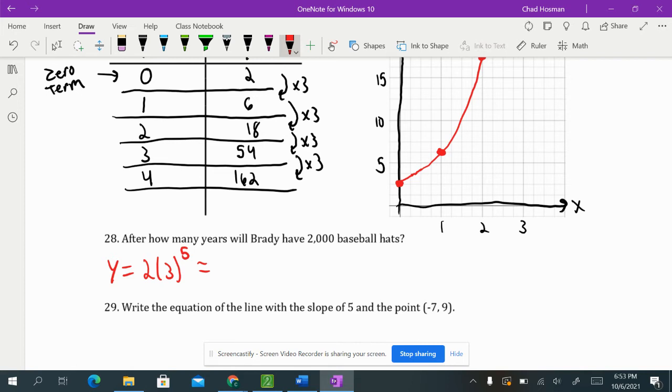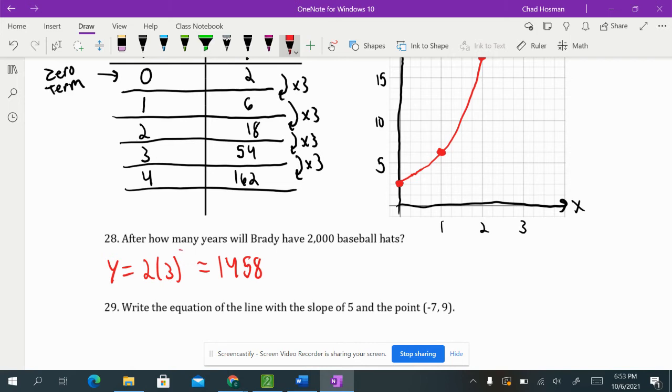And in 5 years, he's going to have 486. So we know 5 will not work, right? So 5 doesn't work. So let's try 6. So in 6 years, right, we're going to have 1,458. So we know we're close, but we're not there yet.